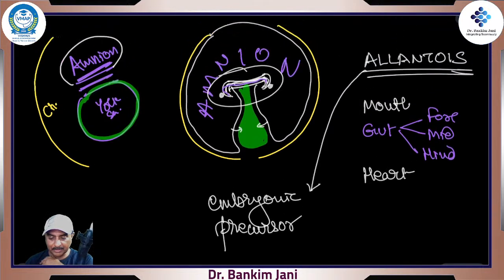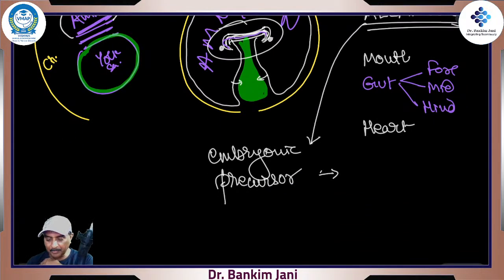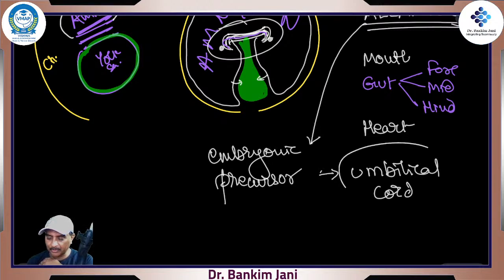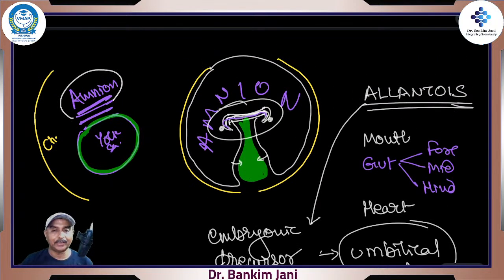That is allantois' fate, allantois' future: the umbilical cord. So if you ask the umbilical cord what it was before, it will say, before I was allantois.